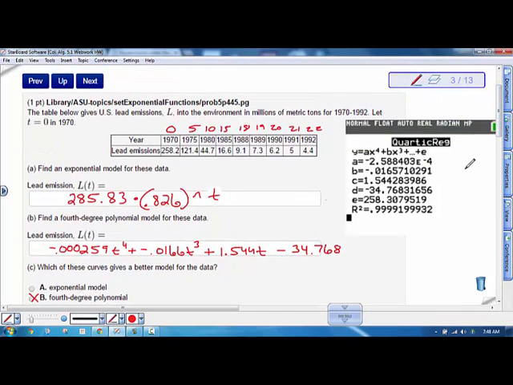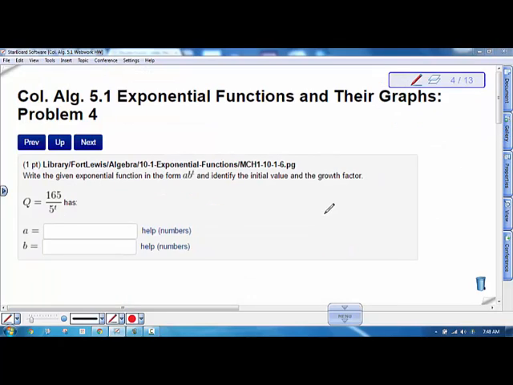So, good point, hopefully. All right, the next problem, we want to rewrite this in the form a b to the t. I usually say a b to the x, but we have a t here now, so we're going to use a t. To do that, I can move this up and make this 165 times 5 to the negative t, because I know that if I move it up, the exponent becomes negative.